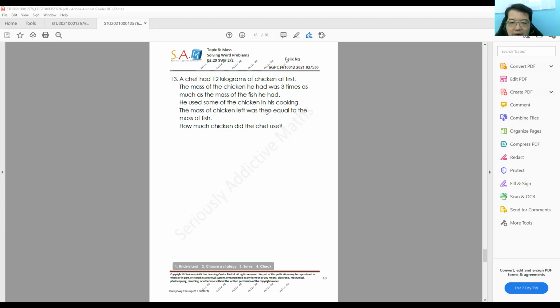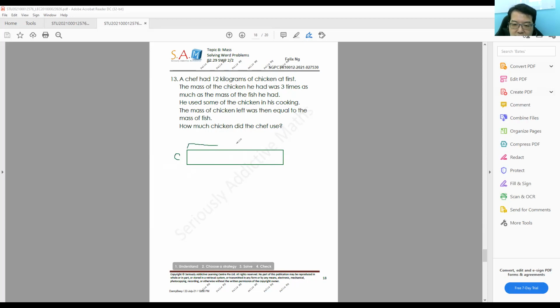A chef had 12 kilograms of chicken at first. Can I draw this? Yes. So I'm going to draw a bar. Okay. And let me label it. This is chicken.